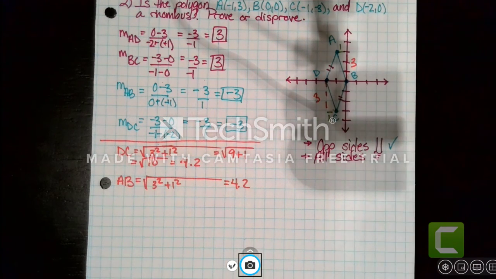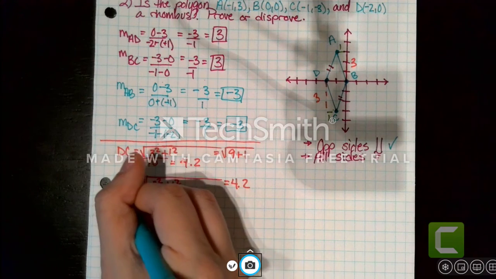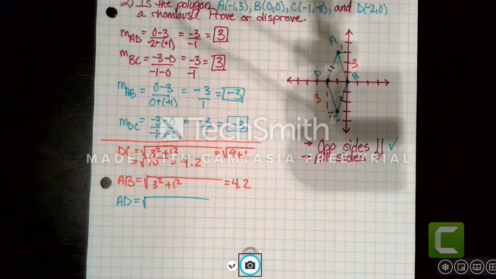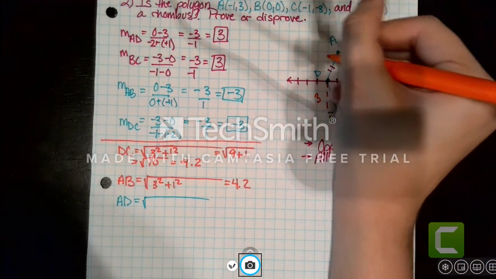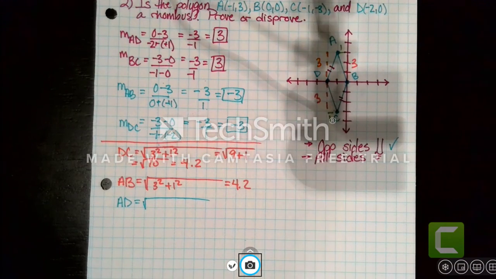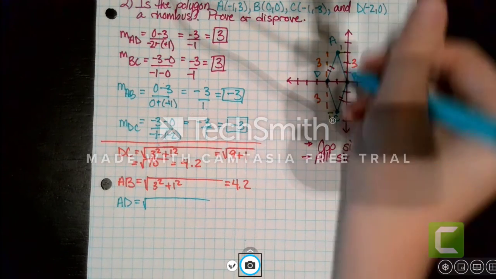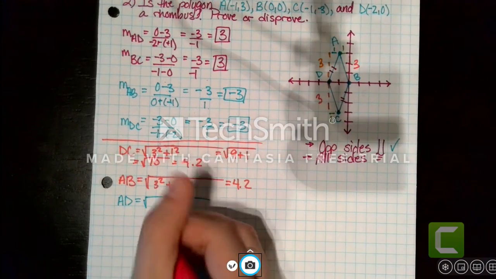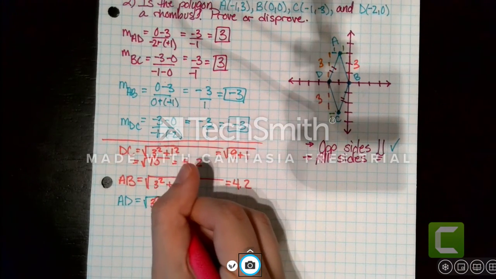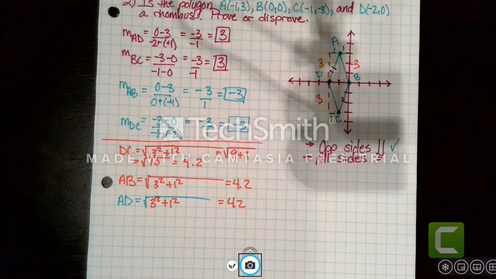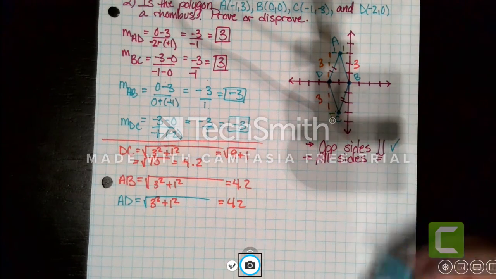Let's check this for AD now. The length of AD is equal to the square root of the height, which is 3 as well, and the base of 1. We're going to be following the same math as before: 3 squared plus 1 squared, which is equal to 4.2. And again, one last time, we're going to be focusing on BC.